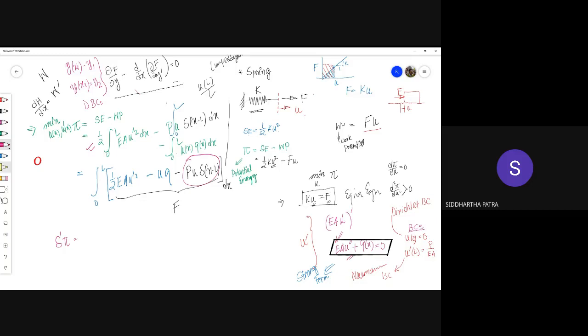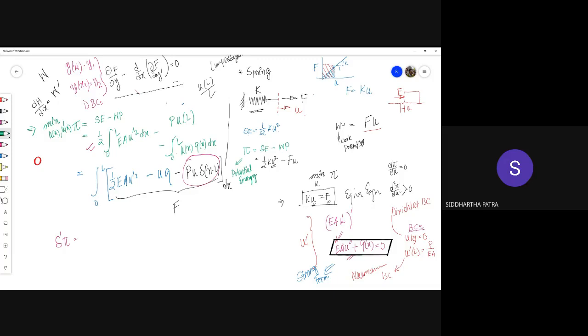So basically I'm leaving it as p times u at L. Now the first variation of pi is where I take the derivative of everything with respect to u and u prime.